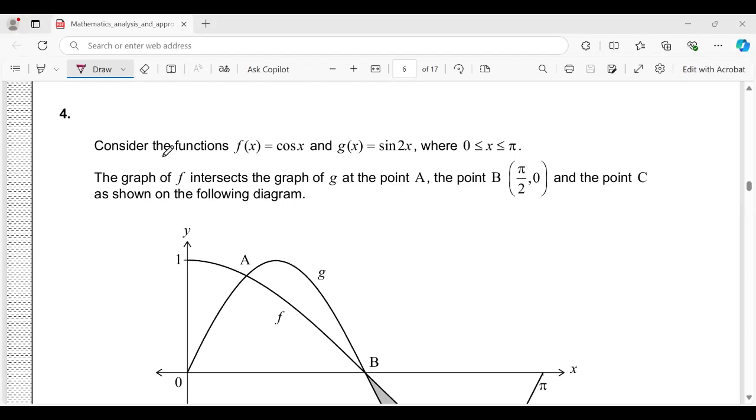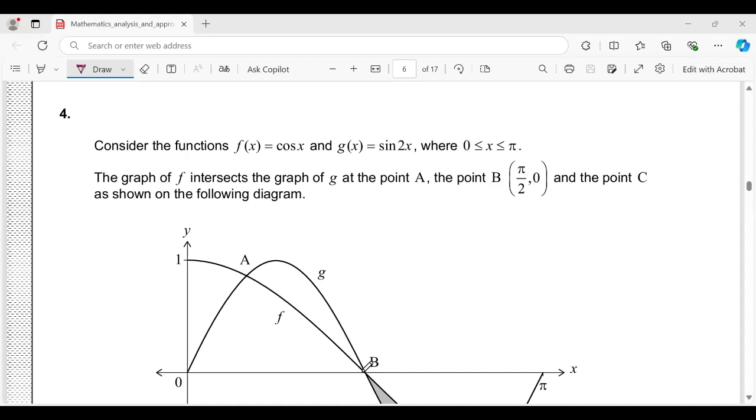Number 4, consider the function f(x) equals cosine x and g(x) equals sine 2x, where x is in the interval 0 to pi. The graph of function f intersects the graph of function g at the point A, this point. The point B, this point, is pi over 2, comma 0.